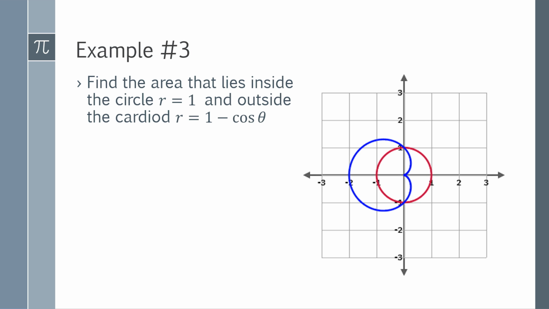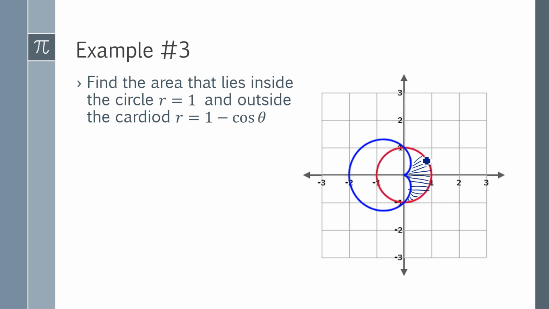But here, we want to find the area that lies inside the circle, r equals 1, and outside the cardioid, r equals 1 minus cosine theta. So the area that we're being asked to find is this area here.